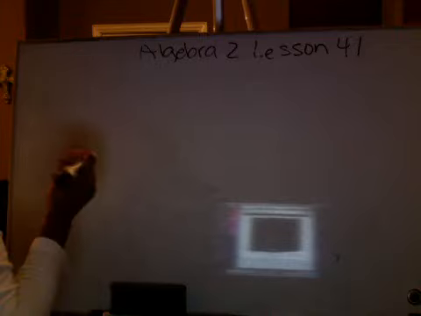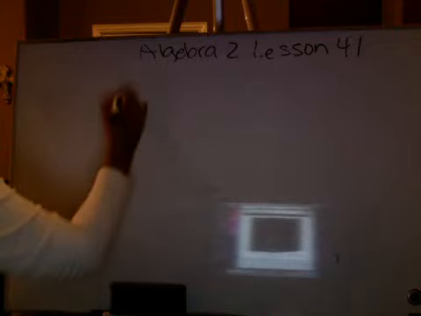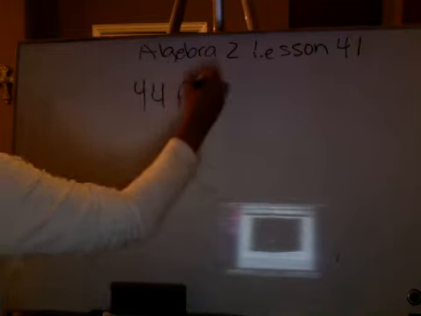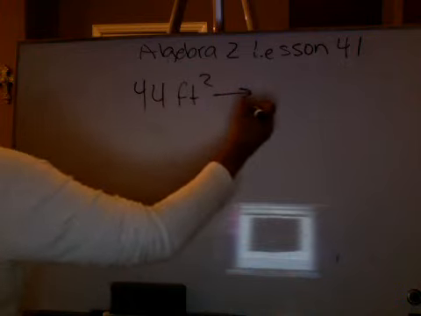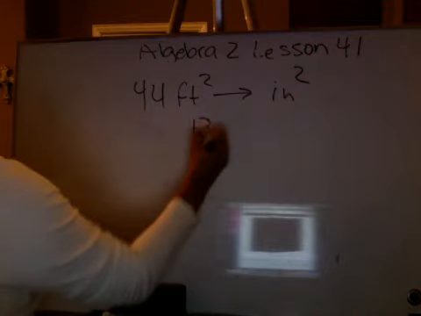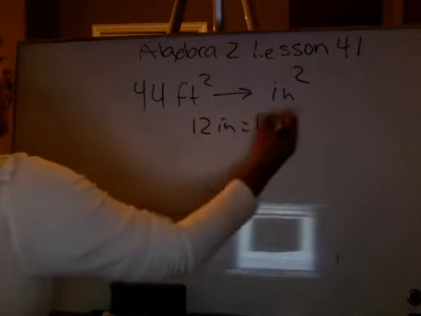So let's look at 41.2. It says use unit multipliers to convert 44 square feet, the key word is square, to square inches. So I know 12 inches equals 1 foot.